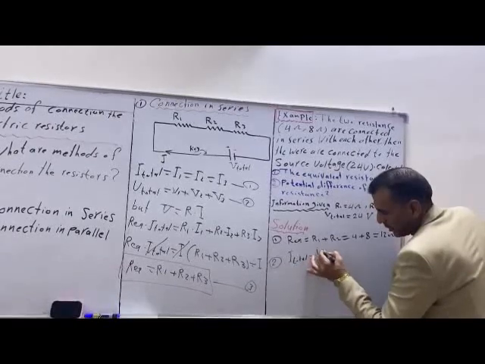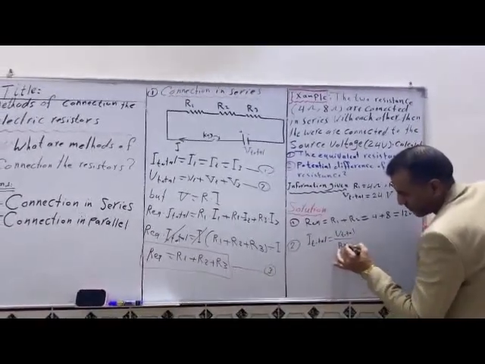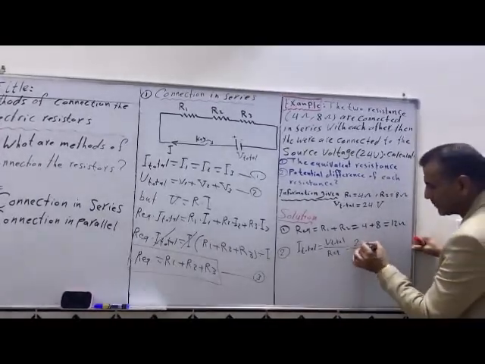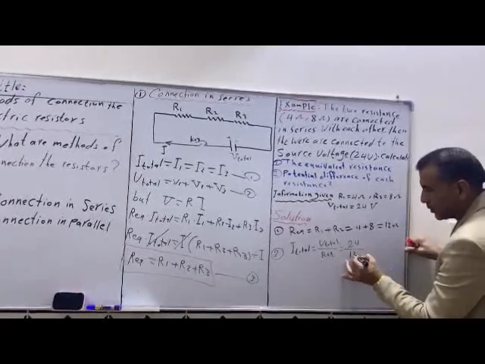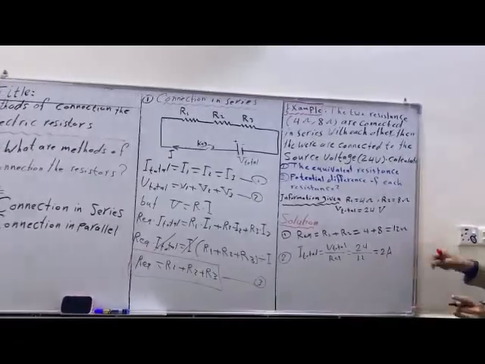In the beginning, I total equals V total divided by R, equals 24 divided by 12, equals 2 ampere.